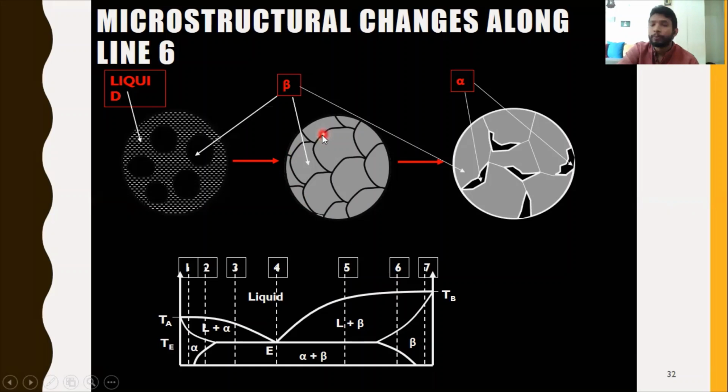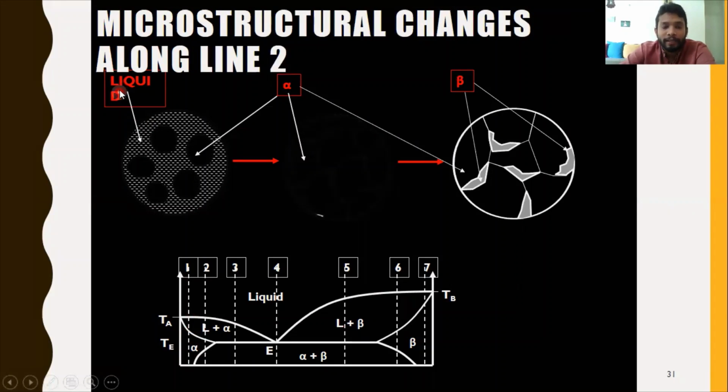So I hope you understand what this line actually represents, right? On the B side, what happened is the same thing. First it is liquid, then liquid and alpha appears, and it makes the full or complete soluble structure here, and out of nowhere the beta occurs.